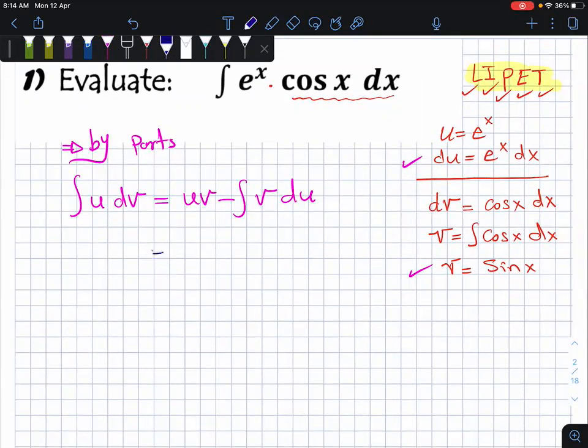So it's equal to e to the power of x multiplied by sine x, minus the integral of sine x multiplied by e to the power of x dx.